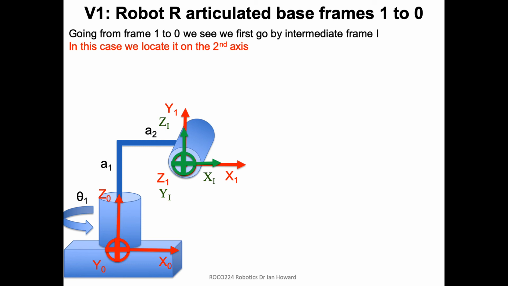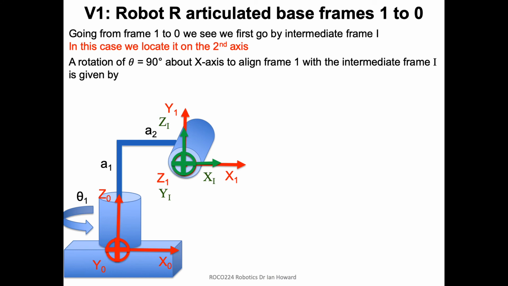We don't have to worry about using rotational matrices or anything like that. We can actually just by inspection see that that is the case. And what you can also say is, well, actually, we can look at the base one and we can look at frame one, and we can say, well, obviously nothing's happening with x, so it's rotating around x.